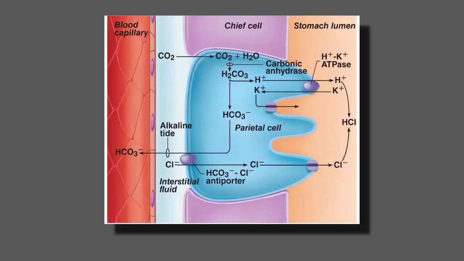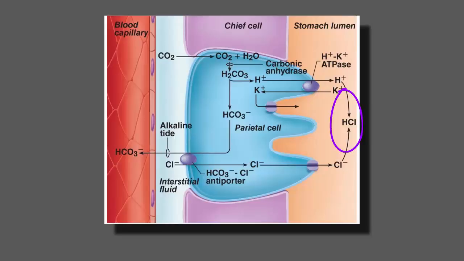So the bicarbonate ion is going to be picked up by the blood capillaries that are leaving the stomach, and the blood becomes more basic because of this, and it's referred to as the alkaline tide. Now don't worry, this will be counterbalanced by the blood exiting the pancreas, which tends to be more acidic, and that's called the acid tide.